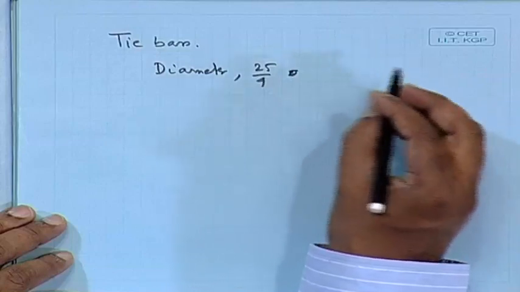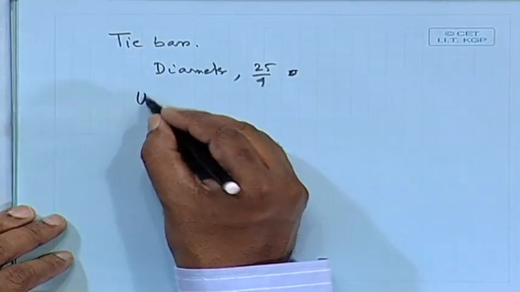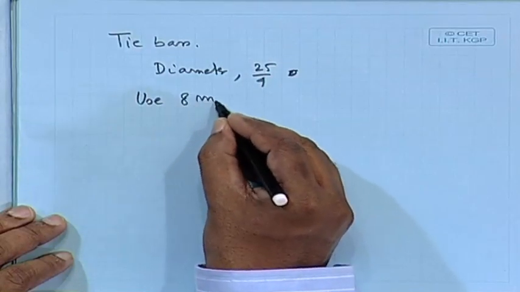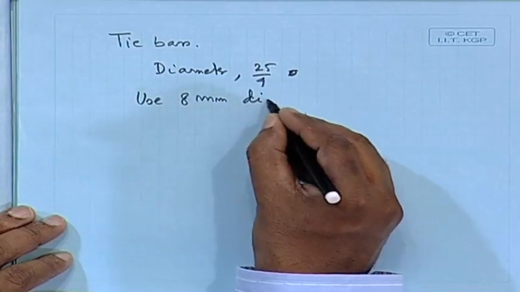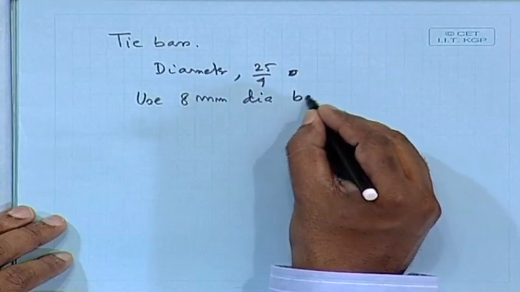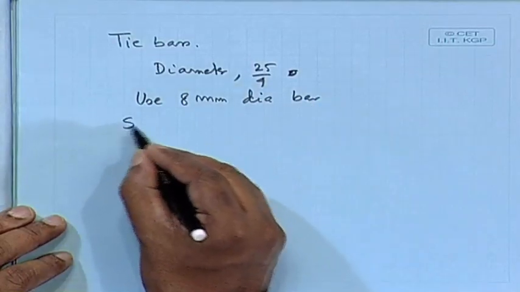So, we can use 8 mm dia bar. What about the spacing?